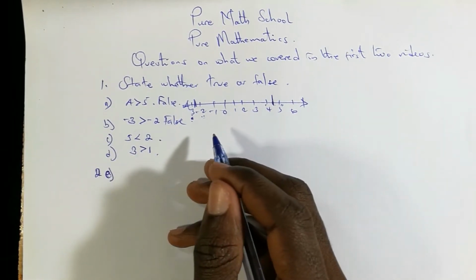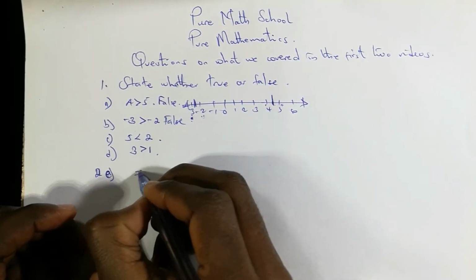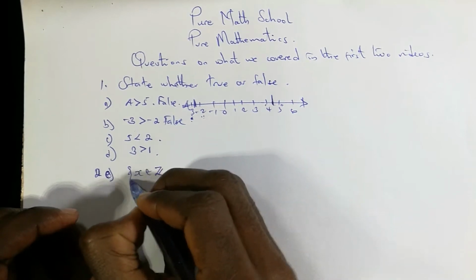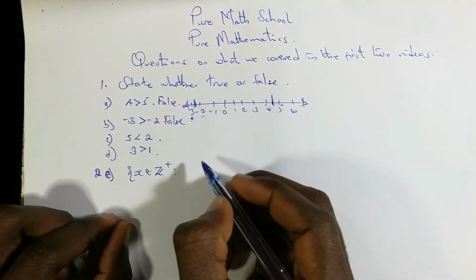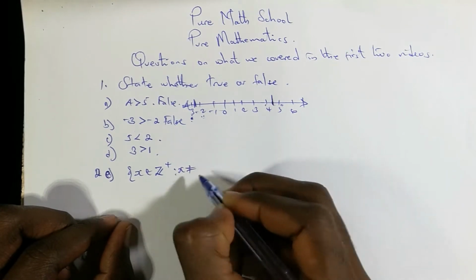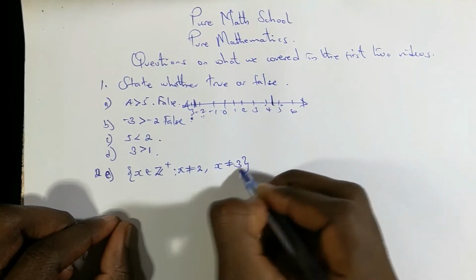Let's take something a bit further. Let's say x is in the set of positive integers, and we put a special condition or rule, x not being 3 and 2.